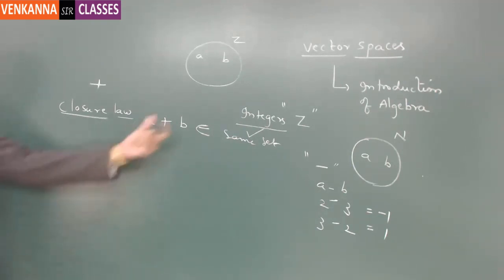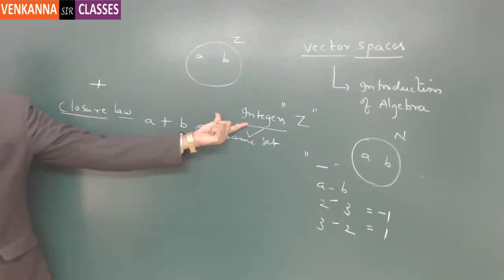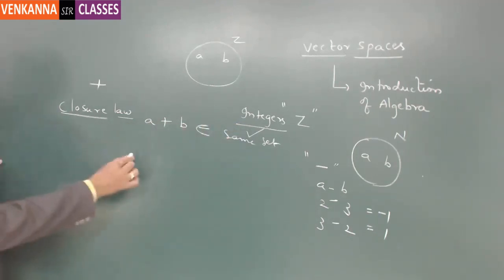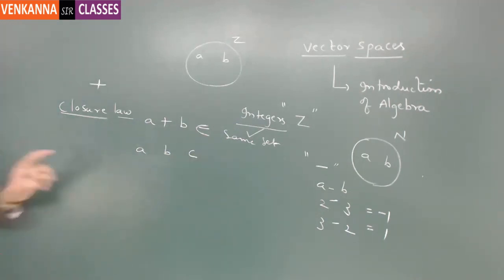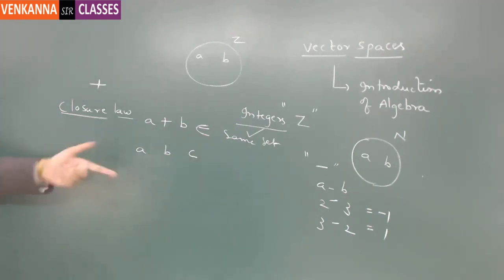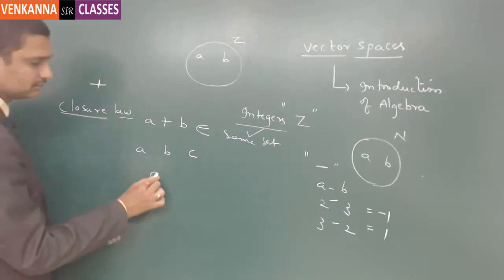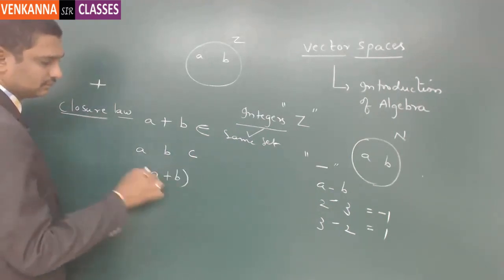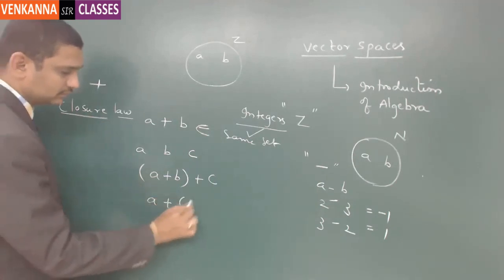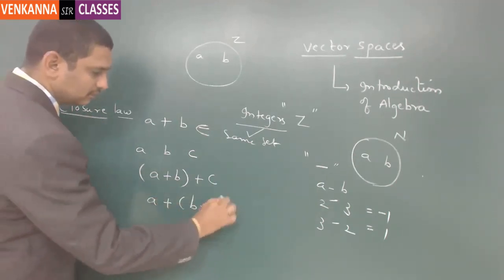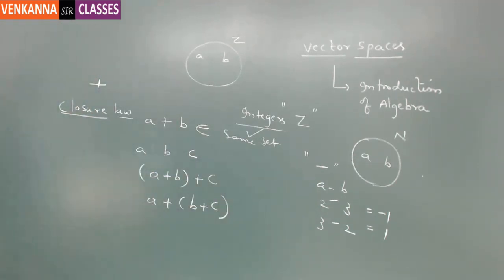Now, again in the integer set, you take three values a, b, c. You can add them in either way. Whatever the way you add, the result is the same.